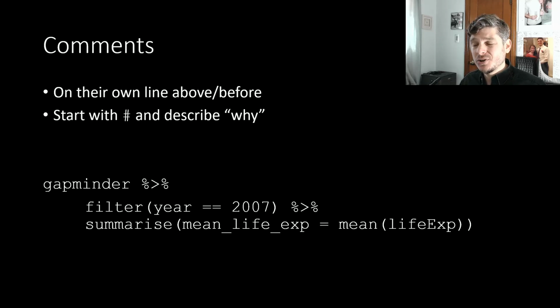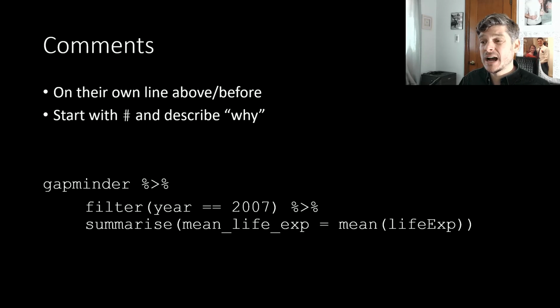When you comment your code, typically what we want to do is, well, do it on its own line. It comes before the actual function you want to do, unless, again, sometimes you just want to write a small little message and you can put it at the end of your line, like, okay, this is this data set or whatever. But again, typically we want to put it above and before our code block.